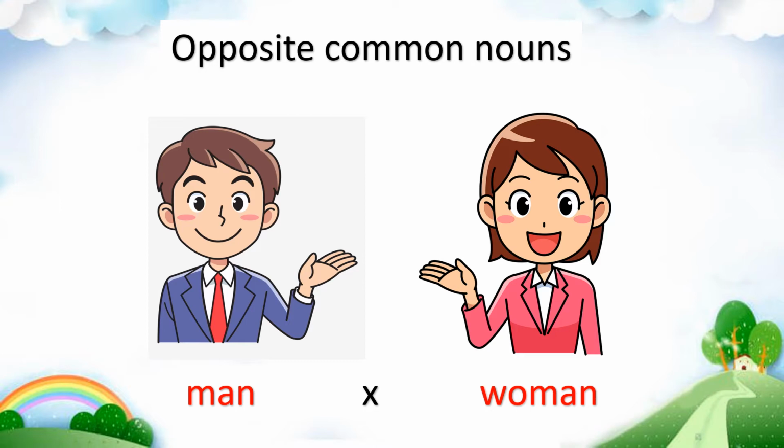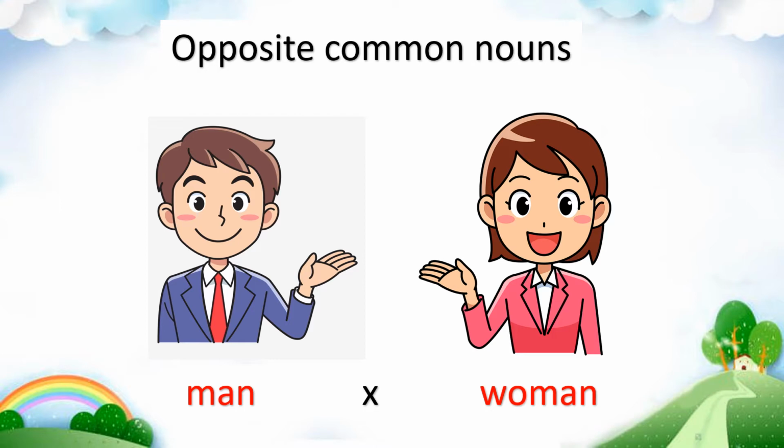Man and woman are opposite common nouns. We can say girl, boy, father, mother, grandfather, grandmother, uncle, aunt. These are the opposites of common nouns.